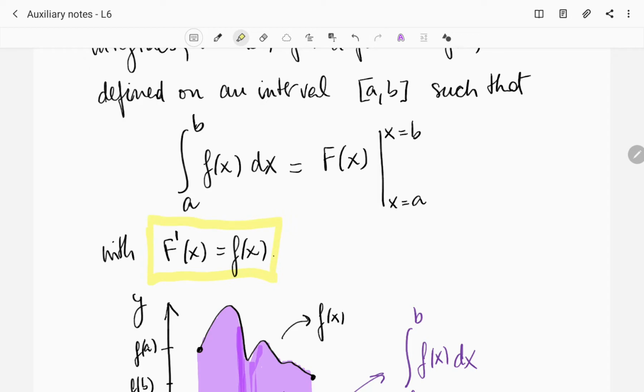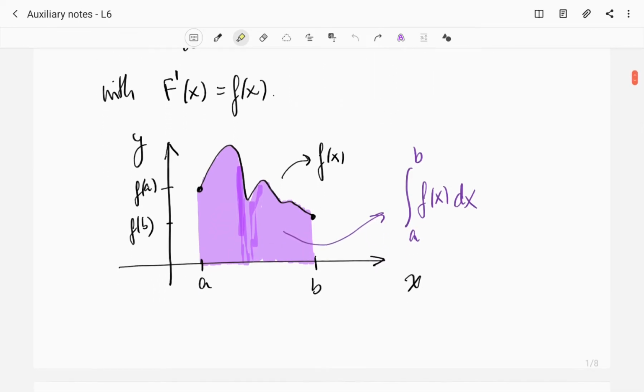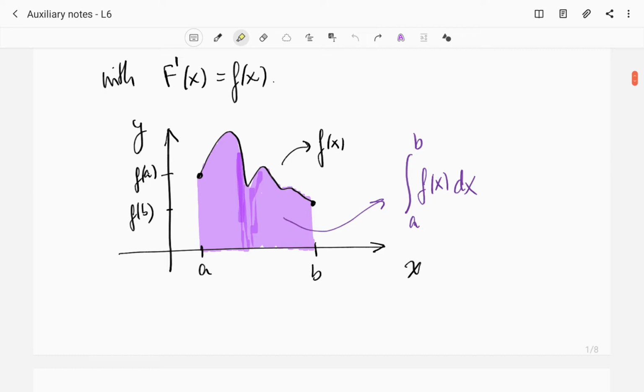That is, if we compute the derivative of capital F, then we recover little f. Okay, so that was the type of integrals that we were working with before in the course. And here we have just a graph. If we have this function f here, and this is f of b and f of a, then this integral, for this positive function, means this area under the graph of f.